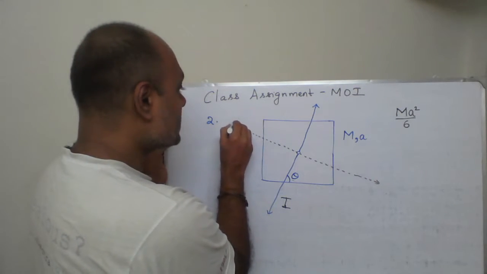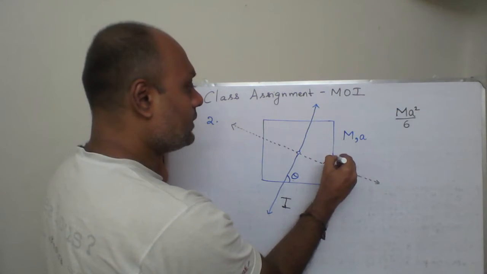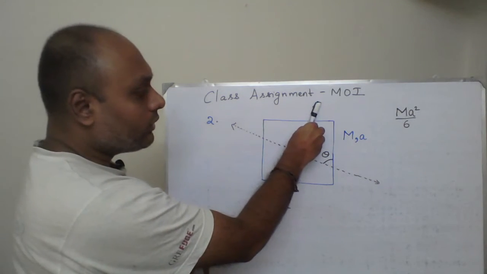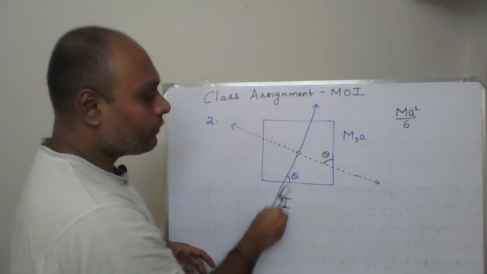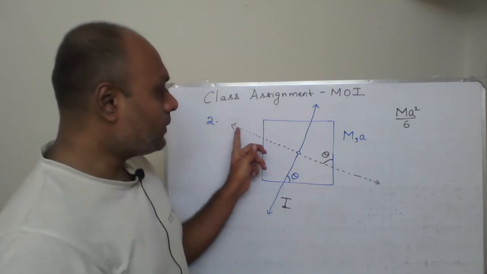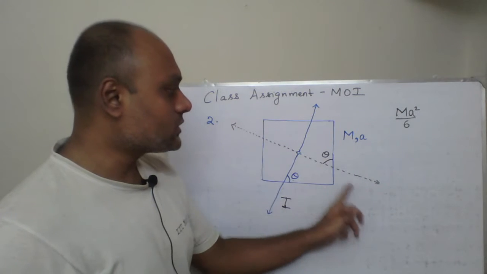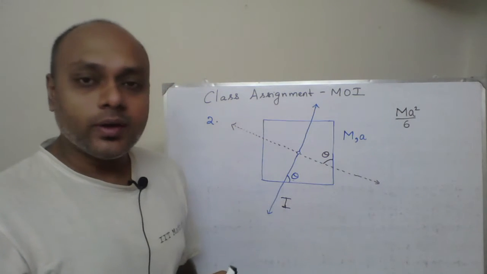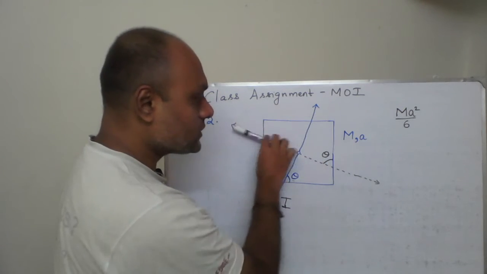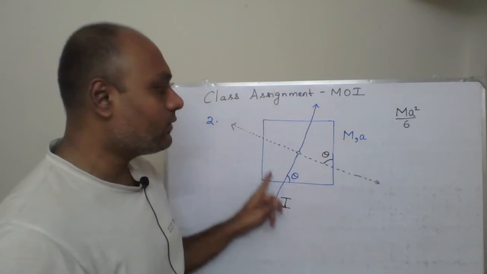Now if I make a construction like this, then the angle here will become theta because of symmetry. Whatever orientation you have for this axis with respect to the square, exact similar orientation you will have for this axis with respect to the square. So essentially these two axes are symmetric with respect to the given square.